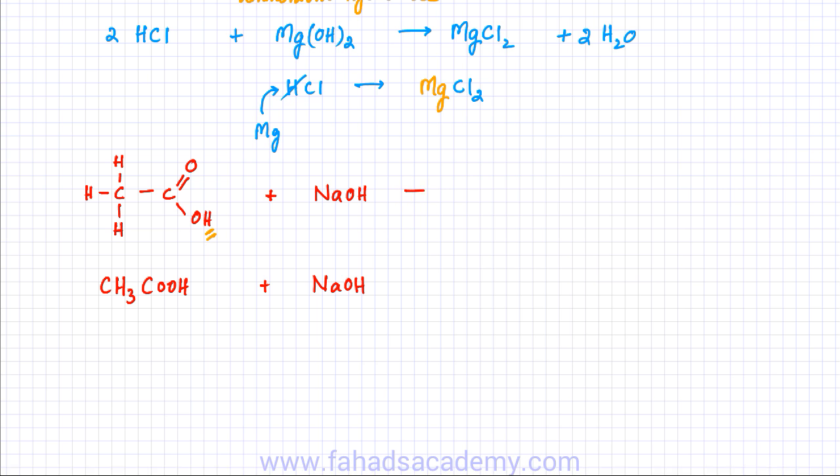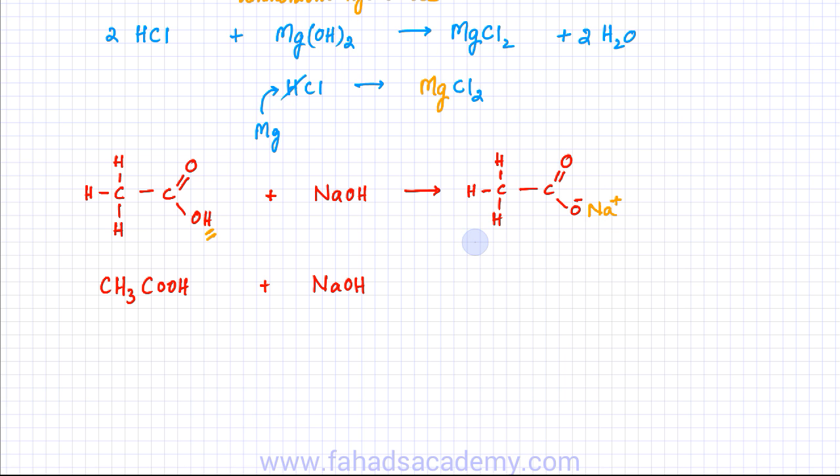So the salt that would be produced, everything is going to be exactly the same. You're going to replace the H in the acid. So I'm going to replace this H over here with the metal ion, which in this case is sodium ion. So this is my salt.